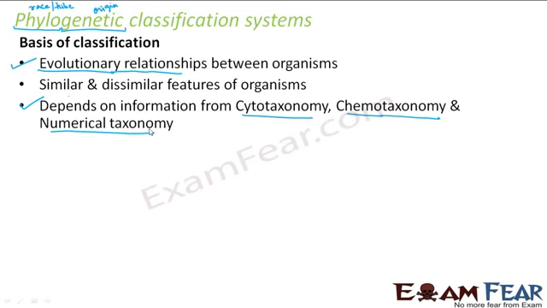These are three different branches of taxonomy which help in gathering more and more information for phylogenetic classification, because fossils alone are not a foolproof source of information for this type of classification. Now, we will talk about each of these in detail: what is cytotaxonomy, what is chemotaxonomy, what is numerical taxonomy, and how each of them helps in phylogenetic classification.